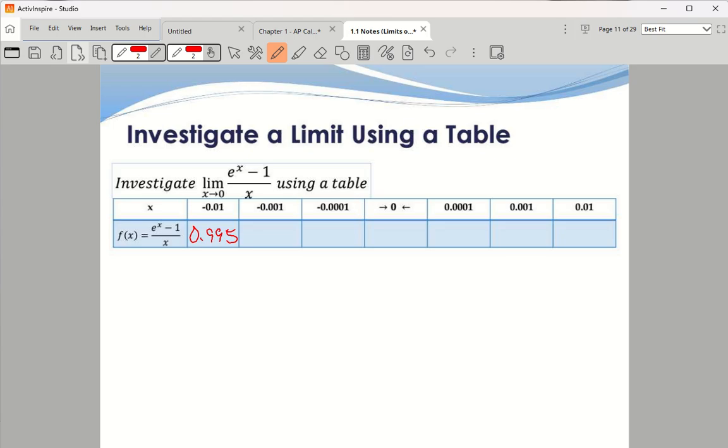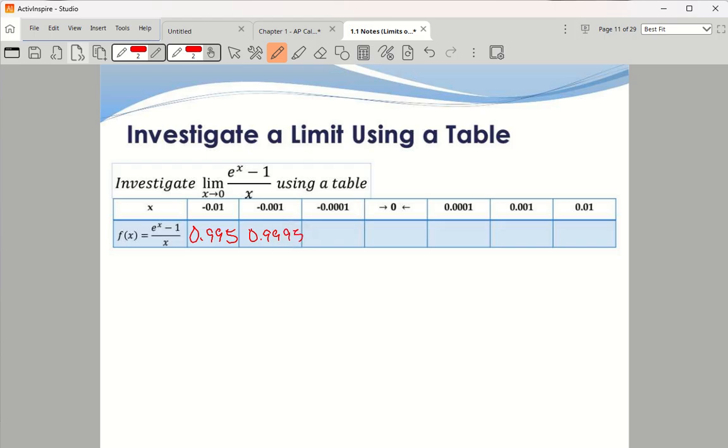So, what was the next number after that 5? Okay, so 0.995017. So this would be fine, right? Yeah, okay. What about the next one? 0.9995.